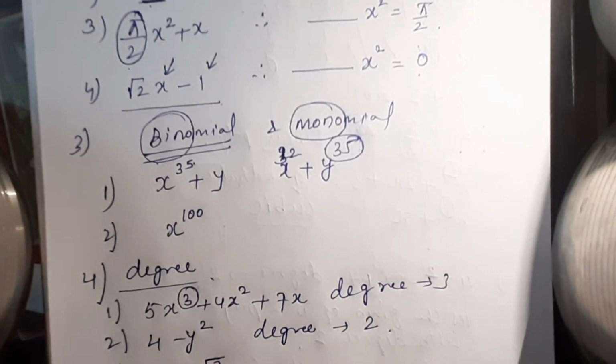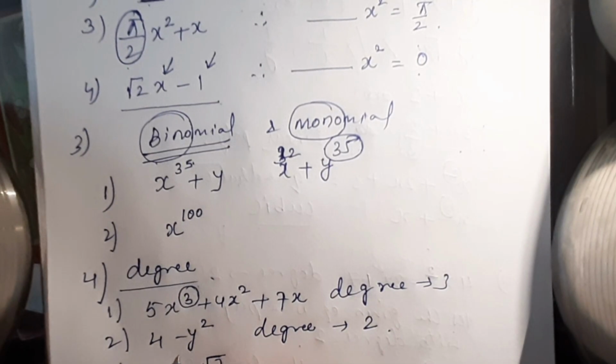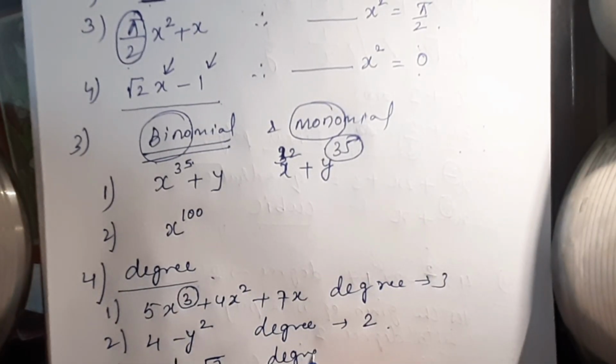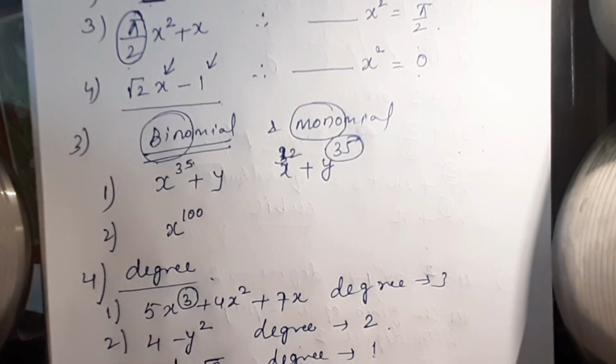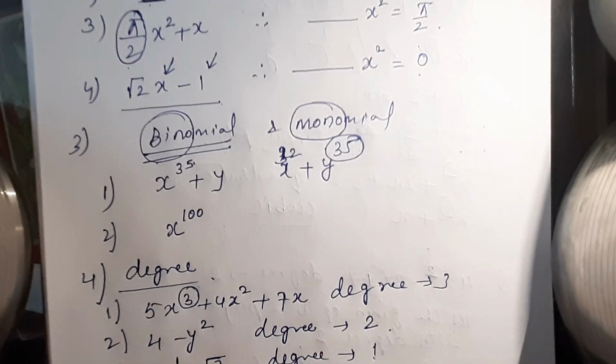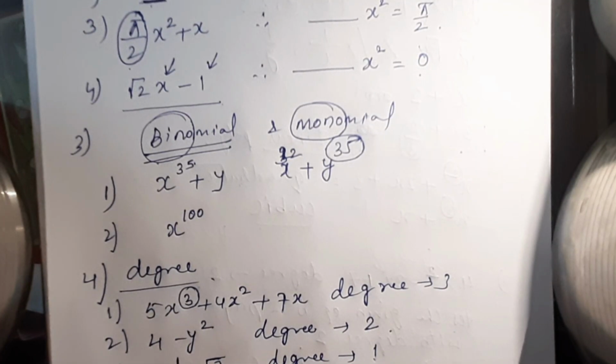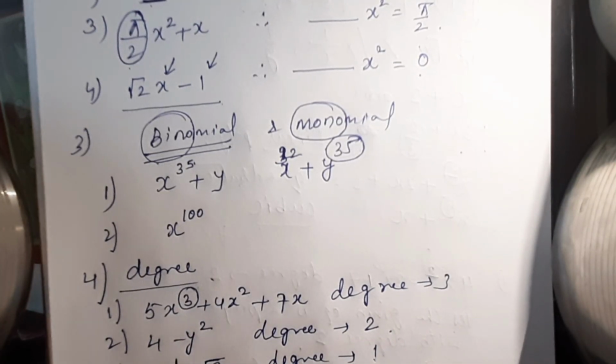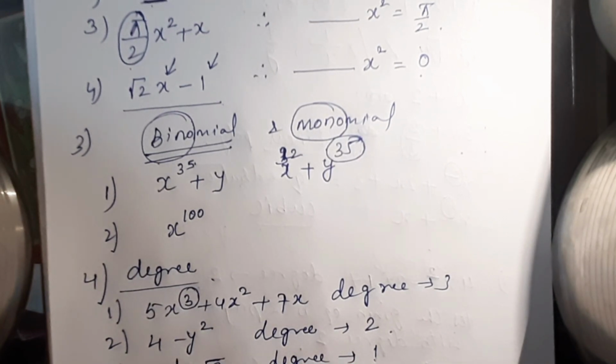There is no root on the alphabet. So it's a polynomial. And degree is the highest power. If no value is there, it means it is 1. Thus it has degree 1. It's a binomial, 2 terms are there and no power is there on the alphabet. So degree is 1.